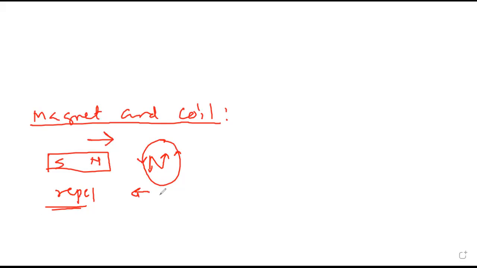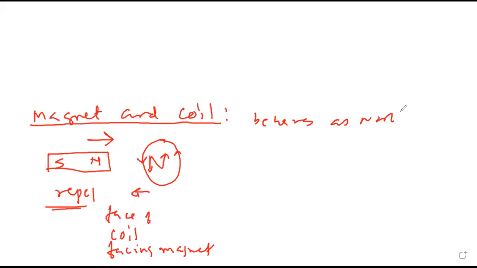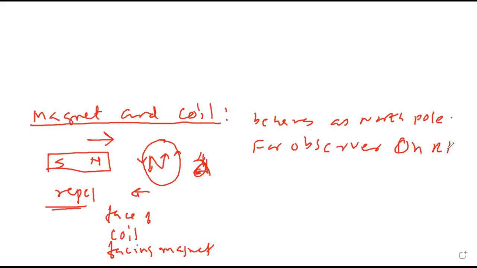So the face of the coil facing the magnet behaves as north pole. See, I wrote the face of coil facing the magnet behaves as north pole. So for an observer on the right hand side, what will be the direction of current?